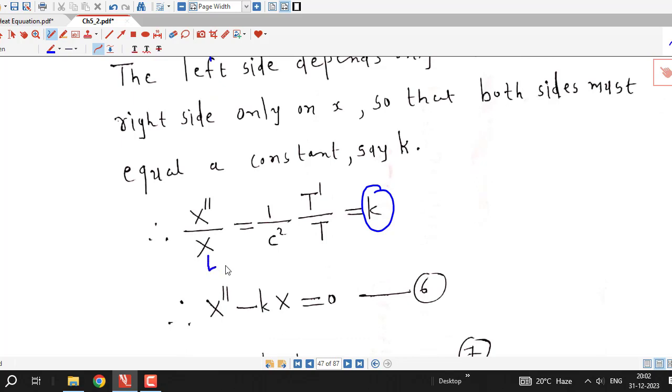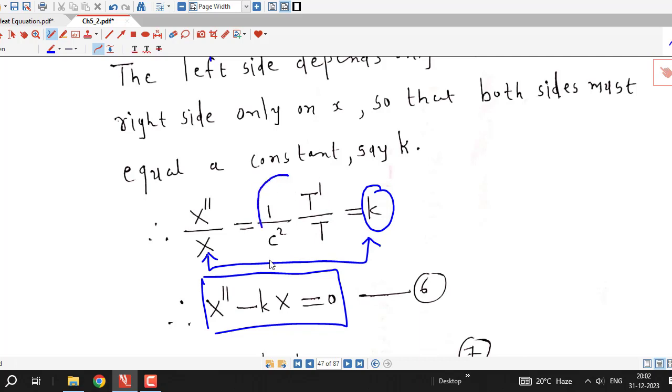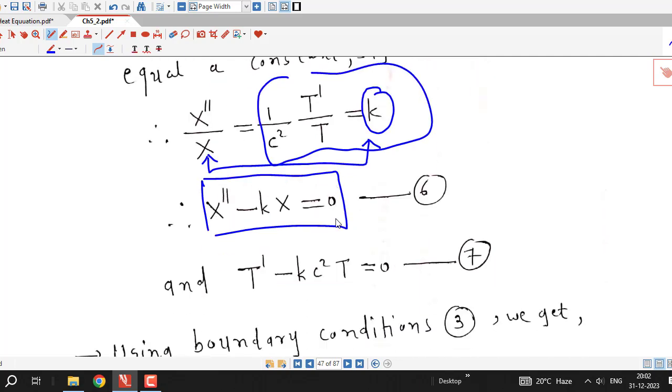If I compare these two, I will have X double dash equal to k times X, that I can rewrite as X double dash minus kX equal to 0. And by comparing these two, I will have T dash equal to c square k times T, that I can rewrite as T dash minus k c square T equal to 0.